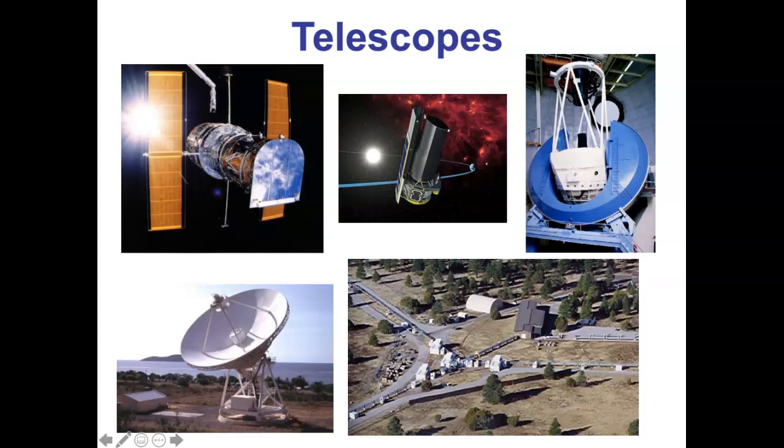But if we're trying to discover something, if we're trying to learn about the universe, then we want to get valuable measurements. We want to get valuable information from the objects that we're looking at. And in order to get meaningful information, we need to know how a telescope works so that we know what it's telling us. So that's what we're going to talk about today.